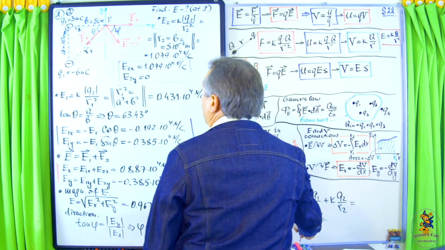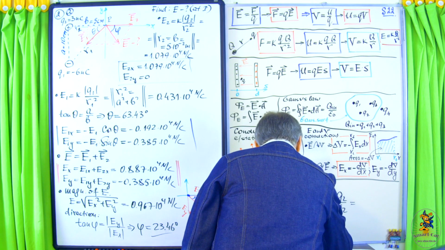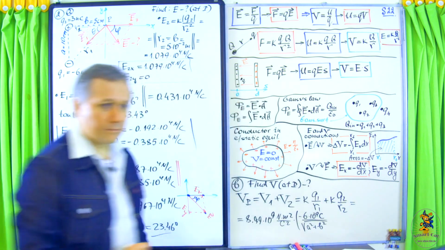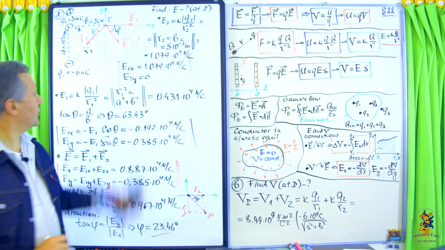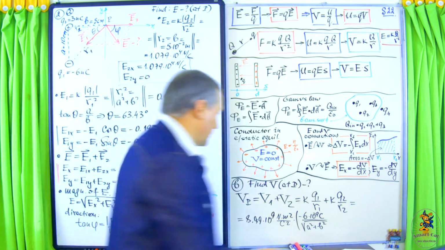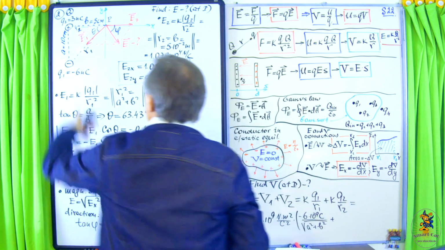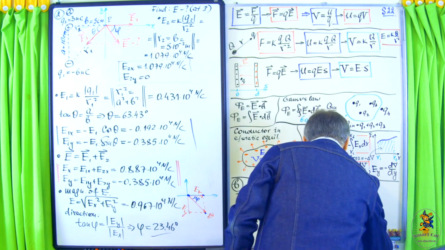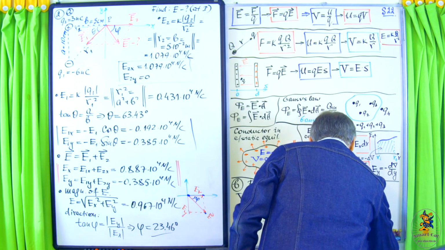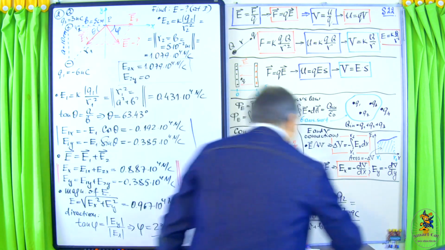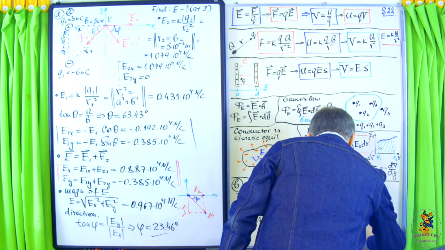So R1 is the square root of a squared plus b squared, the value of that hypotenuse. And then Q2 is 3 nanocoulombs, 3 times 10 to the power of minus 9 coulombs, divided by the value of b, of course in meters.